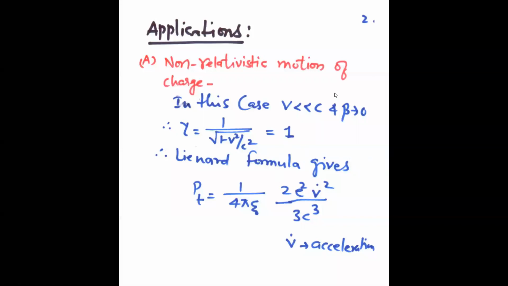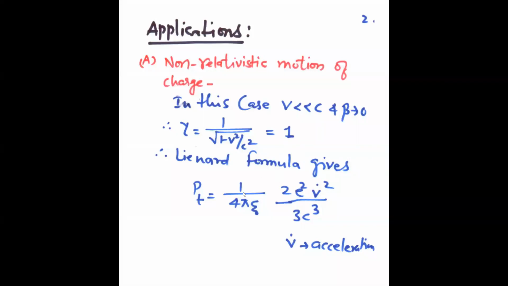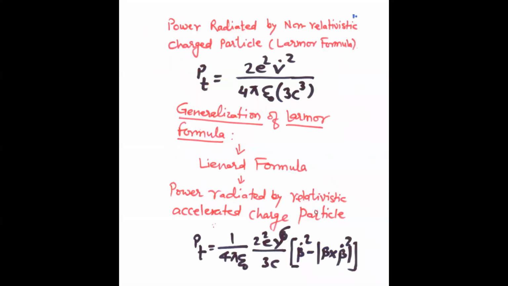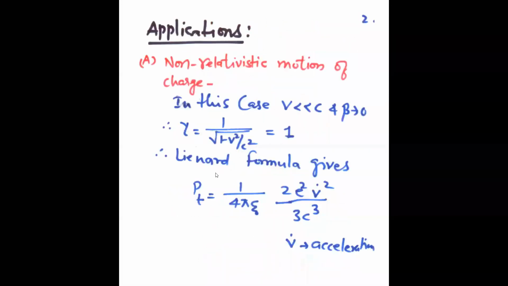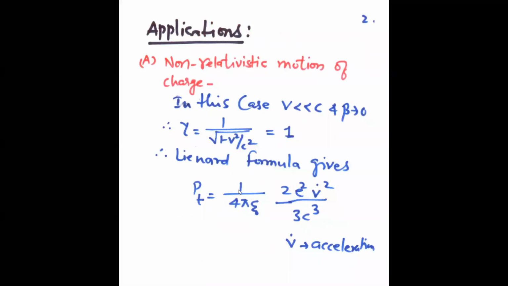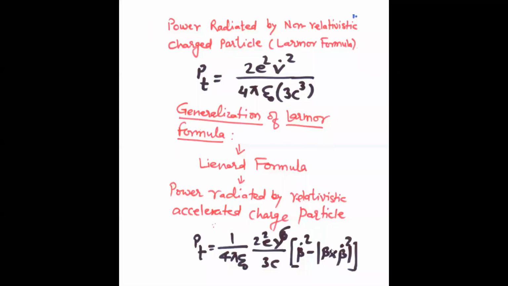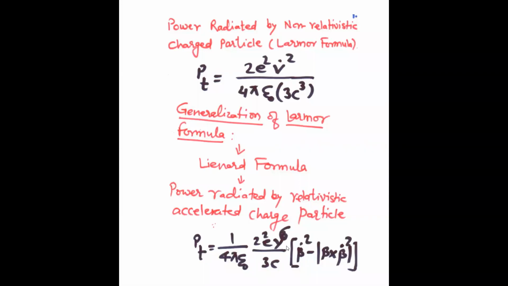So when we put these two limits in our Liénard formula, that is the power radiated by a relativistic accelerated charged particle, we get P(t) equals 1 by 4 pi epsilon 0. See, when you put beta equals 0, the second term becomes 0 and gamma becomes 1.